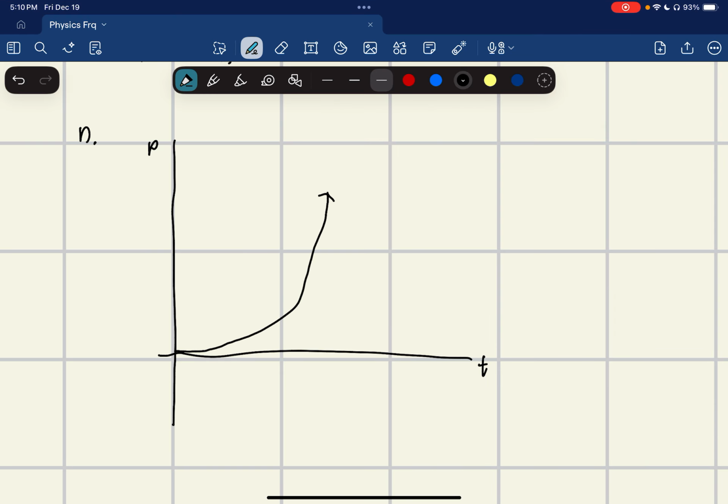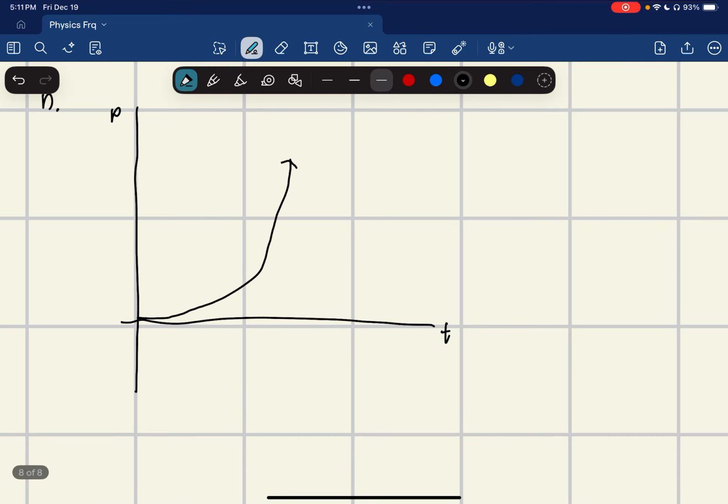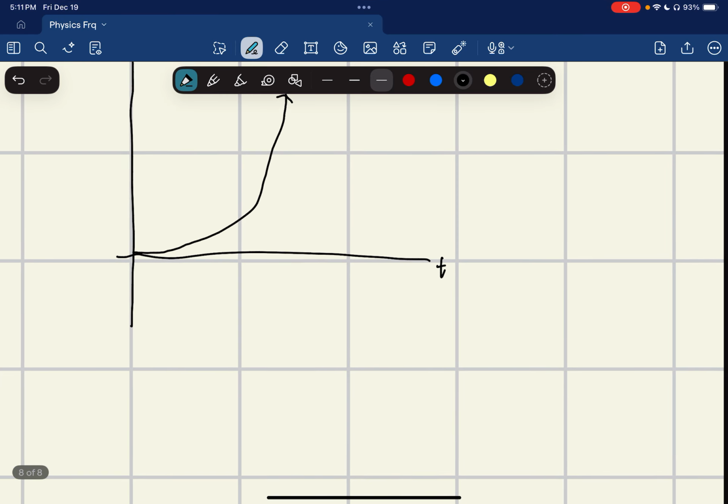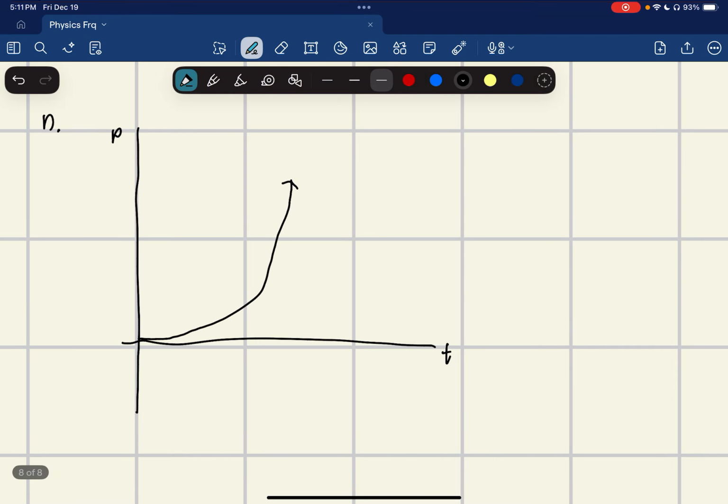It'd be an upward parabola because since you're taking your line of motion to be positive, the slope of the graph should be positive, and it'd be concave up because acceleration in this case would be positive.